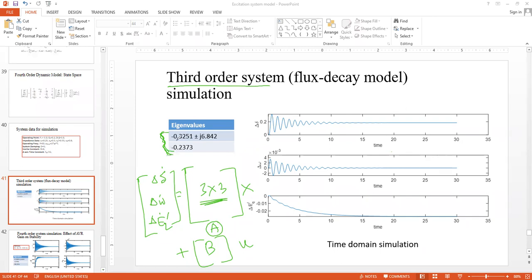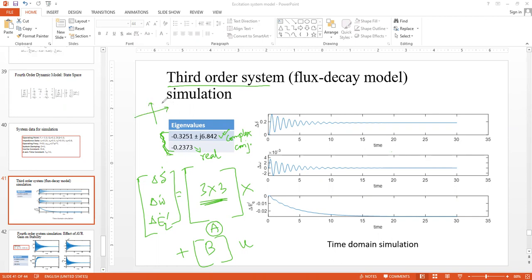We can clearly see that there is a complex conjugate pair, but the real part is negative, and there is a single real root, which is also negative. So all 3 eigenvalues lie on the left of the S plane.